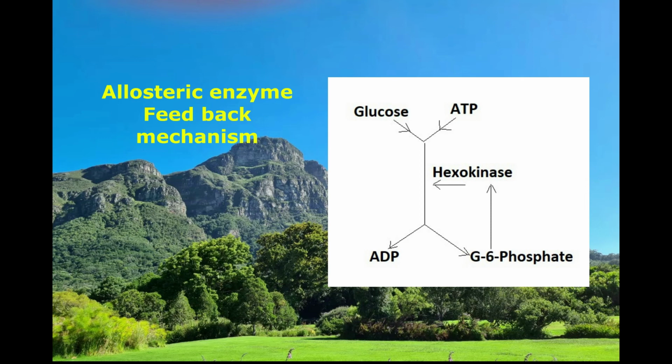This type of enzyme is known as an allosteric enzyme, and this type of inhibition is known as feedback inhibition. Another example is phosphofructokinase, which is inhibited by ATP, and another example is threonine deaminase, inhibited by isoleucine. So that is the allosteric enzyme, along with competitive and non-competitive inhibition.